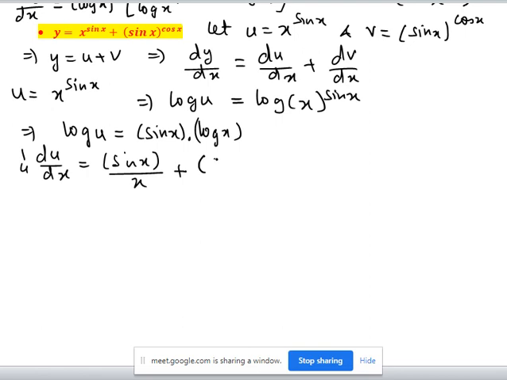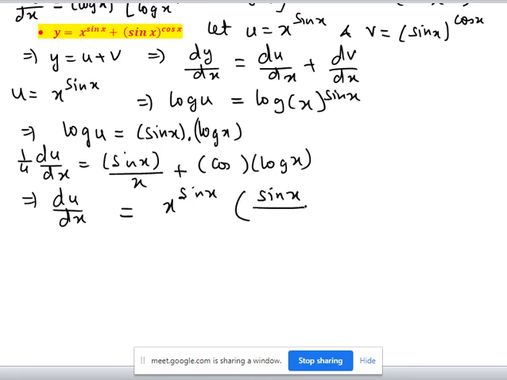So cos x into log x. Now this provides us the derivative of u with respect to x. Cross multiply u. u is x raised to the exponent sin x, and the remaining part sin x over x plus cos x into log x. So done with du over dx.